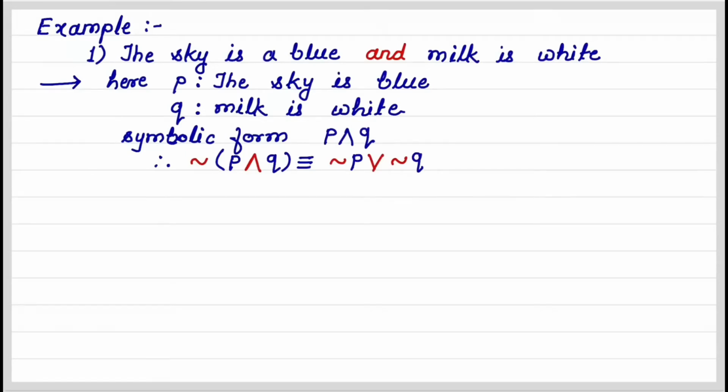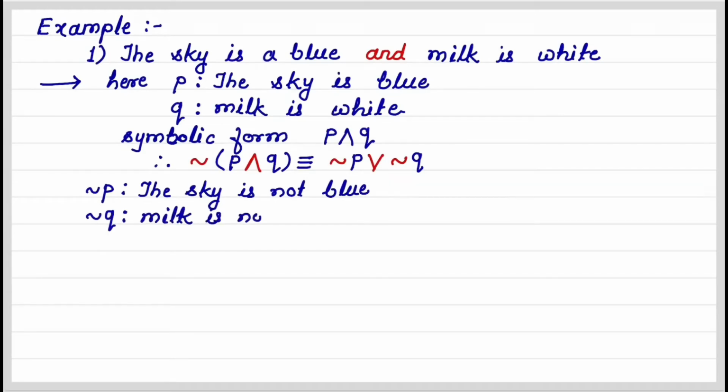Negation of P is the sky is not blue. We have to apply not. In the same way, negation of Q is milk is not white.